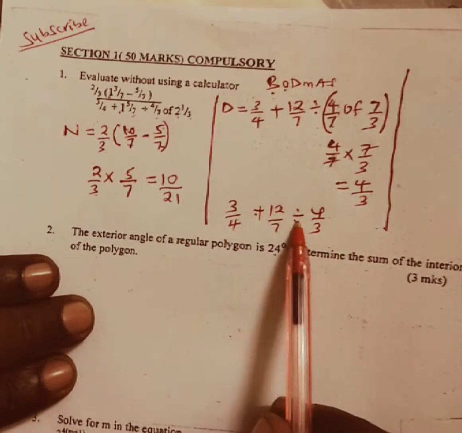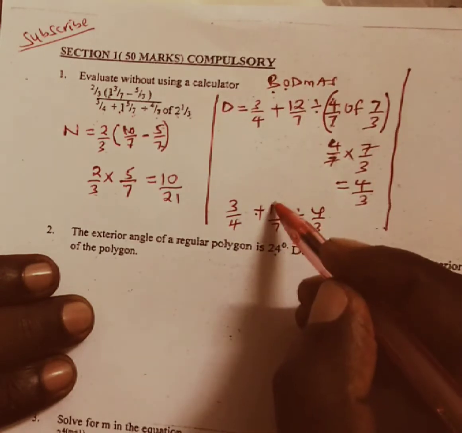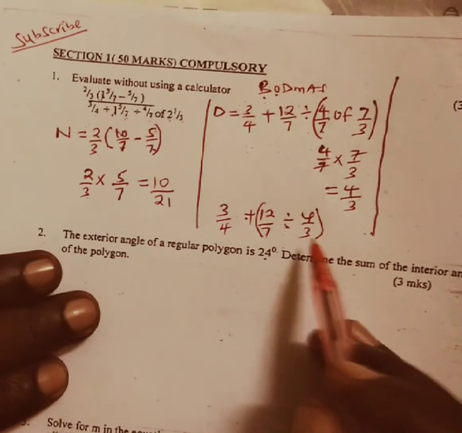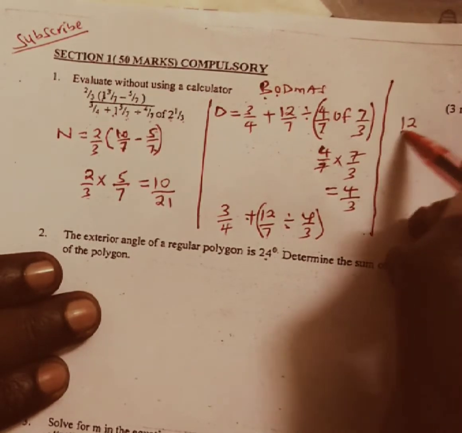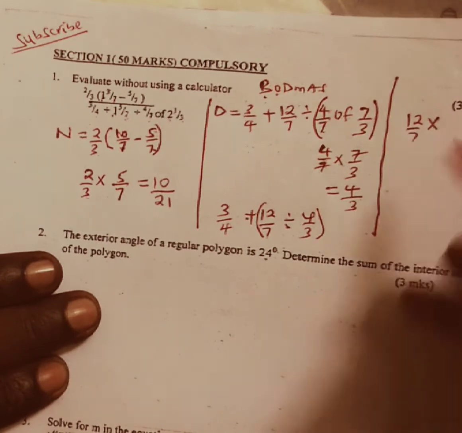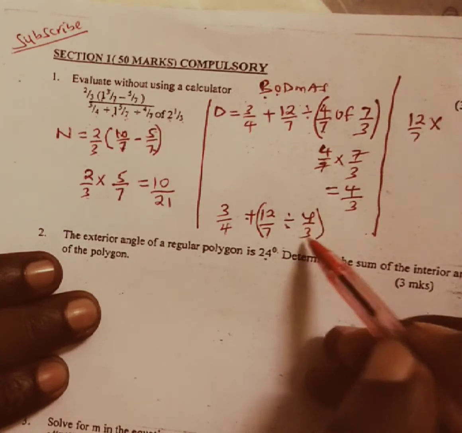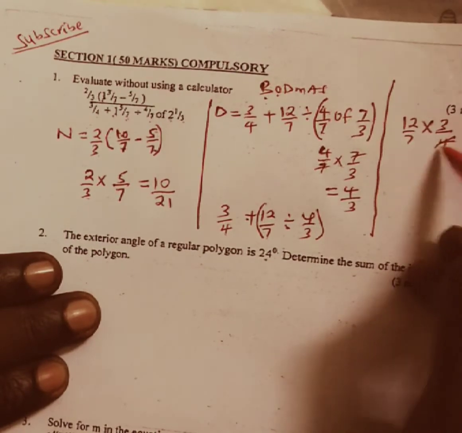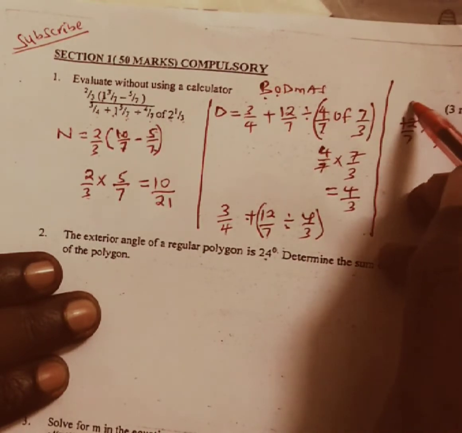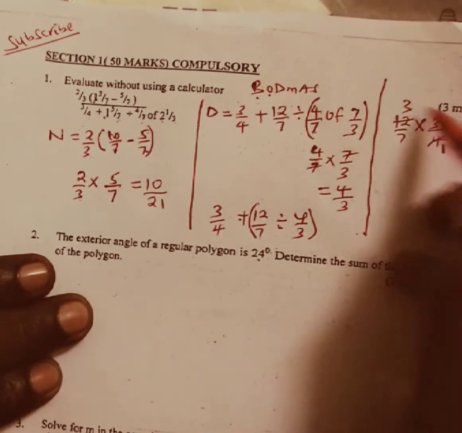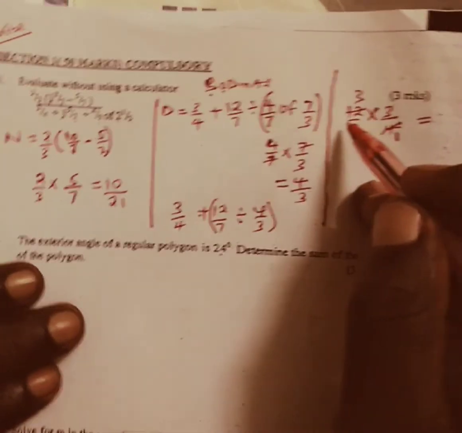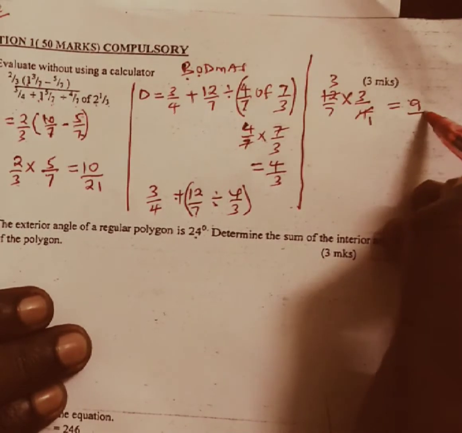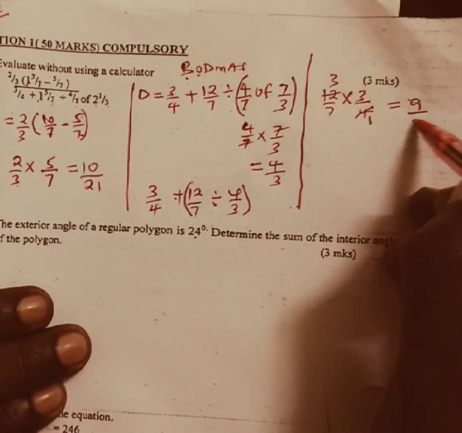Between addition and division, division comes first, and therefore we are going to take 12/7, you divide by 4/3, which is the same as 12/7 multiplied by the reciprocal of 4/3, which is going to be 3/4. So 4 goes into itself once, it goes into 12 3 times, and if you take 3 times 3, you get 9/7 times 1, which is 7.